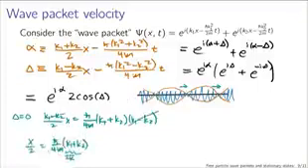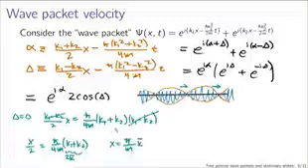I can then look at this. I have a 1 over 2 here, a 1 over 4 here, and a 2 here. What I end up with at the end is just going to be x equals h bar over m times k bar. This is different than the expression we got before.